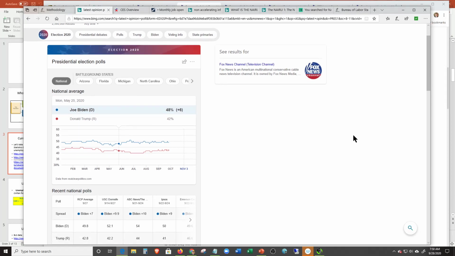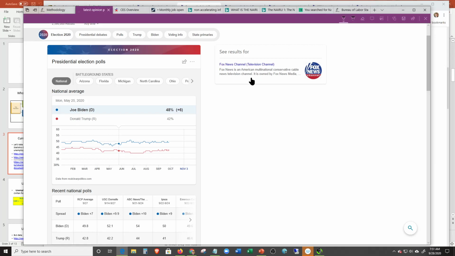Here I pulled up the latest opinion polls about who's going to win the upcoming election. And you can see in these that Vice President Biden is ahead of President Trump by 6 percentage points, which is outside the margin of error here.